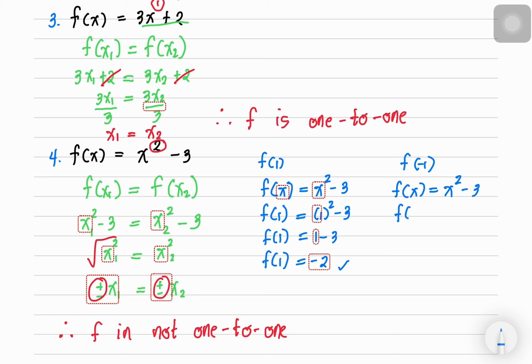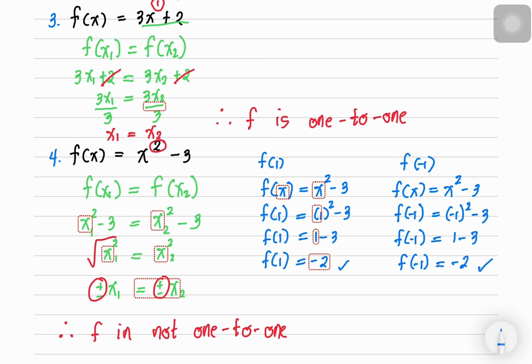So f of negative 1 equals negative 1 squared. I-plug in lang natin. Okay? So f of negative 1 equals, let's evaluate what is the quantity of negative 1 squared. This is equal to positive 1 minus 3. So f of negative 1 is equal to 1 minus 3 becomes negative 2.